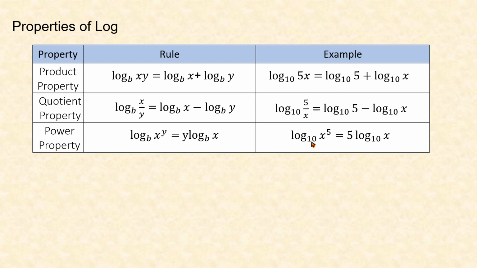So what we should have done is not write the base 10 at all. Typically, you would just write log with no base, and that would mean log base 10. But you could write out log base 10, and it means the same thing. Okay, but anyways, the rule here is log base 10 of x to the fifth is equal to 5 times log base 10 of x.